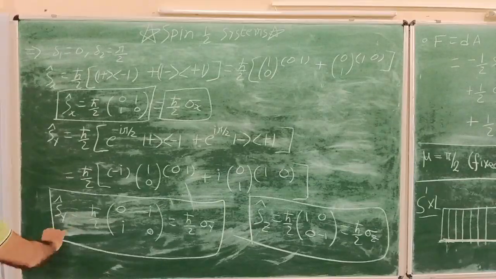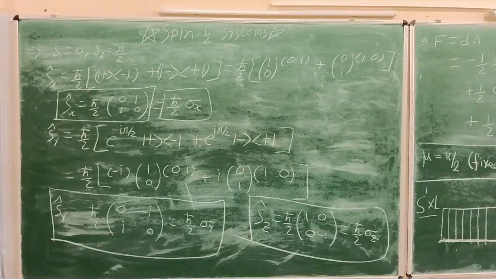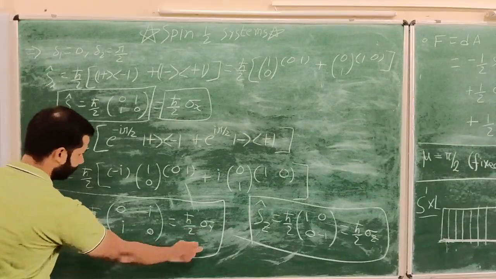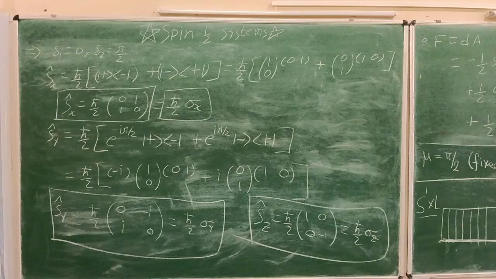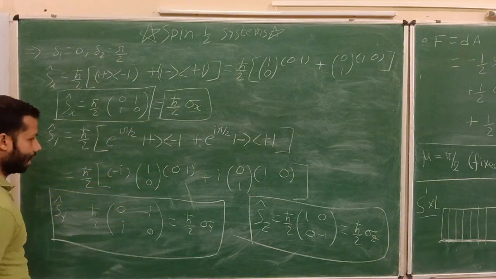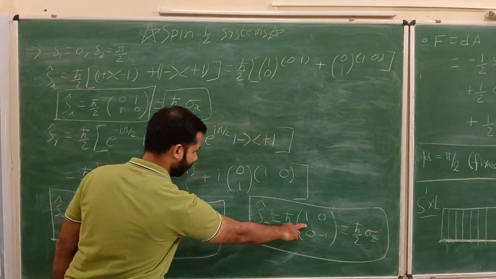So we have derived these operators in matrix forms which are very related to the Pauli matrices. Notice that the trace is 0. The summation of diagonal elements is 0, 1 minus 1.